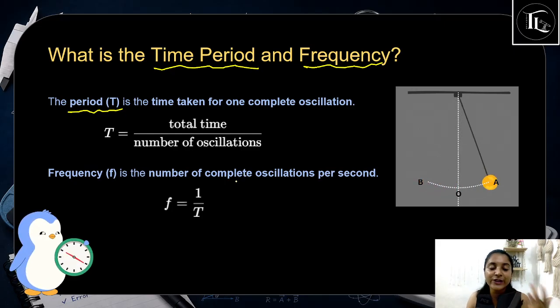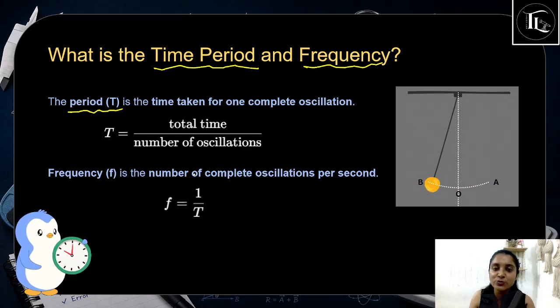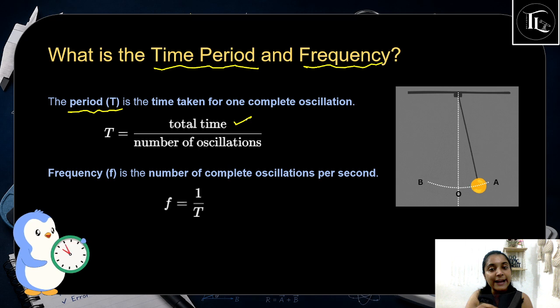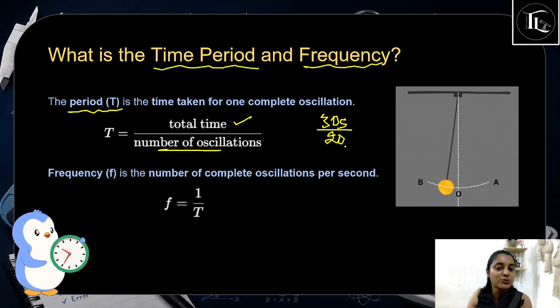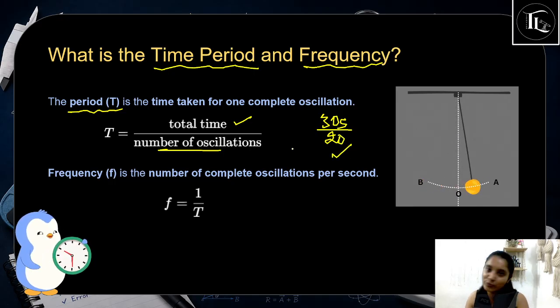If we take just one reading, we might not be able to find it accurately. So we take a couple of readings. The time period is the total time taken for those many oscillations, let us say 20 oscillations, divided by the number of oscillations. Let us say for 20 oscillations it took 30 seconds, and how many oscillations were there? 20. That's how we find it.